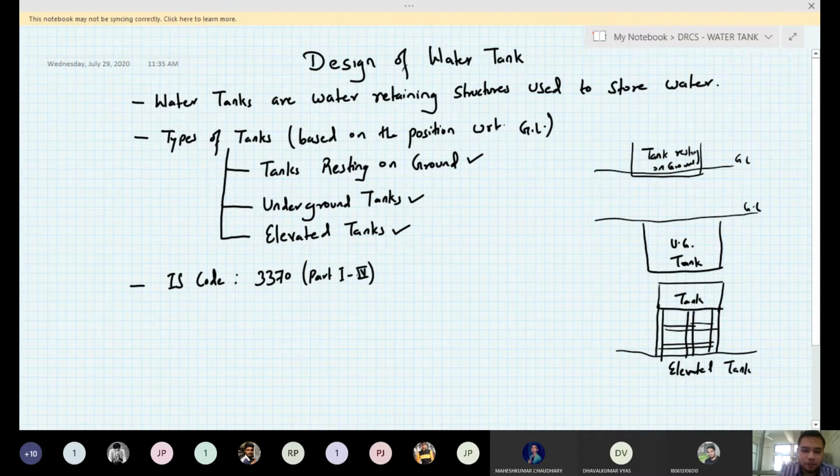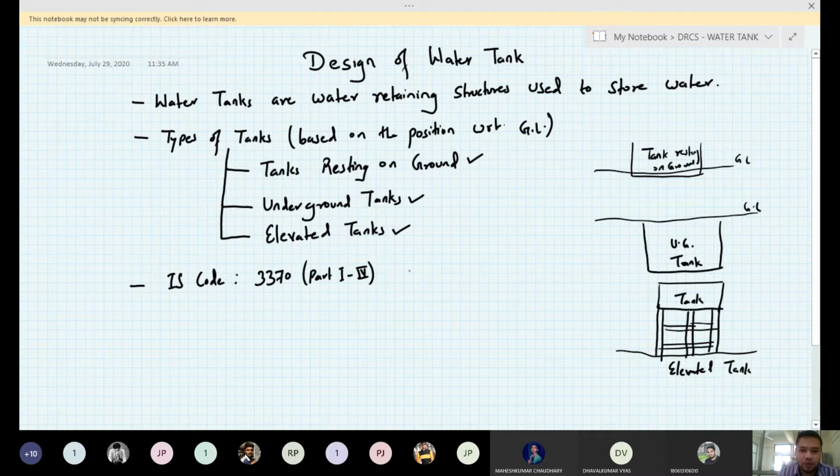Part 3 is for the pre-stressed tanks, and part 4 is a handbook type code which gives the tables for determining the amount of reinforcements and all other parameters, but they are not allowed in your examination.